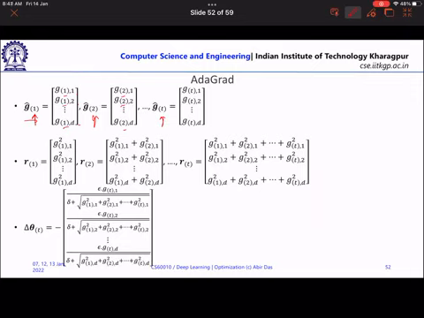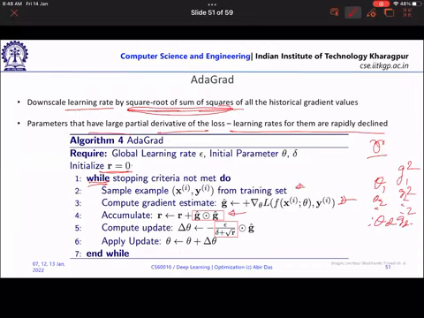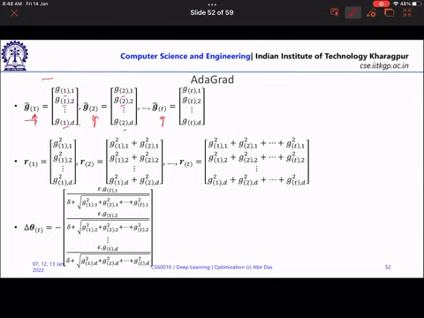Okay, now what you do with the next line, which is R. So R is previous R plus the element wise squared values of g. So what does it mean? First, you need to square.